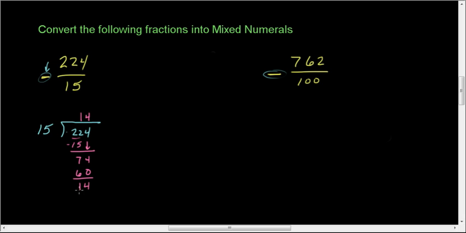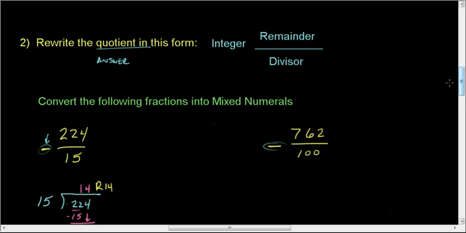Now, if you happen to have more than 15 left when you're done, simply increase this number by 1 until you don't have more than 15. That will be a way to do it. Now that we have 14 left, we cannot do anything with that. That is our remainder. We have a remainder of 14. So now to convert this, I write it in this form.